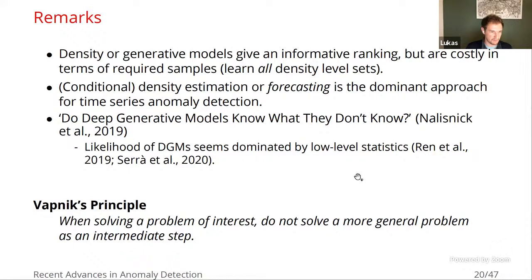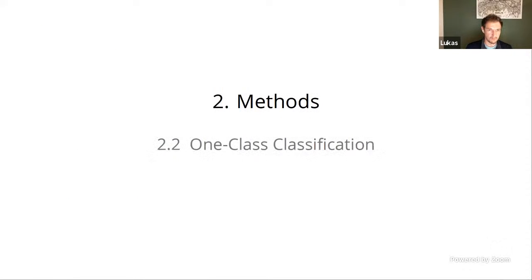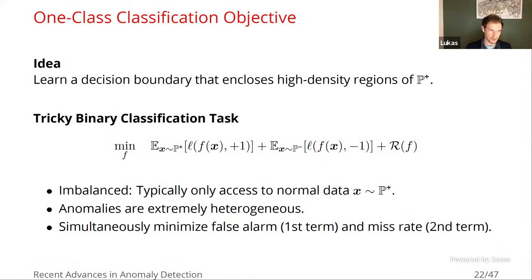And so what the next class of models, one-class classification models, try to do is in the spirit of Vapnik's principle. So if you try to solve a specific problem, you should try to avoid to solve a more general problem. So here, density estimation or learning a generative model as an intermediate step. And so the idea of one-class classification is to directly learn a discriminative model that encloses this high-density region of the normal data.